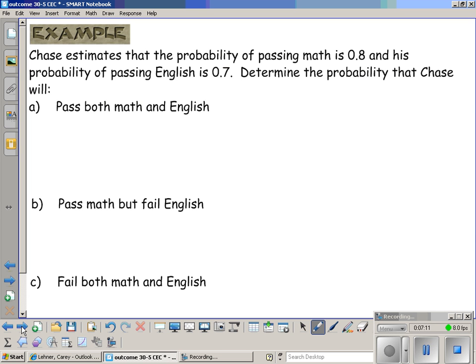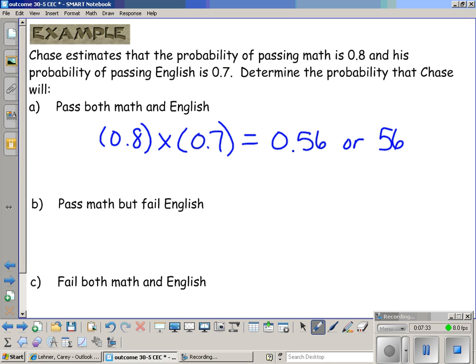Passing math has no effect on whether or not he's going to pass English. They're at different times, he's doing different courses. So if he's going to pass both, passing math is 0.8, passing English is 0.7. We can multiply those probabilities together, 0.56, or a 56% chance that he's going to pass both.